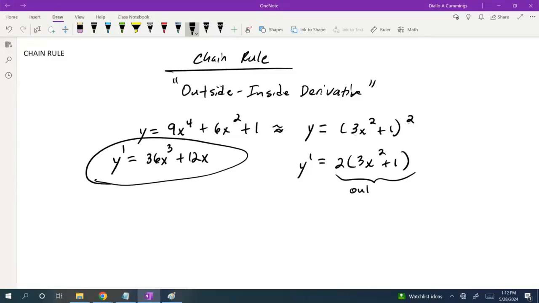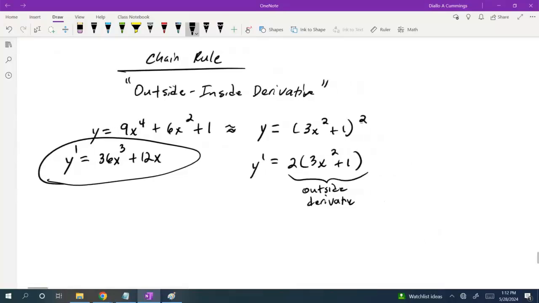So this is the outside derivative. Times, and now I'm going to take the derivative for the innermost function. So the derivative of 3x squared plus 1, that should give us 6x. And this is the inside derivative.